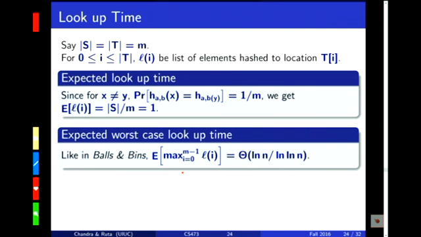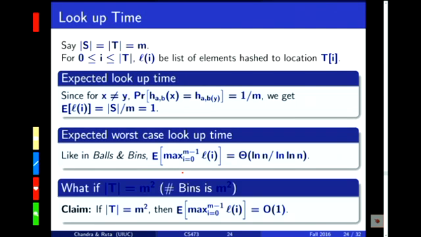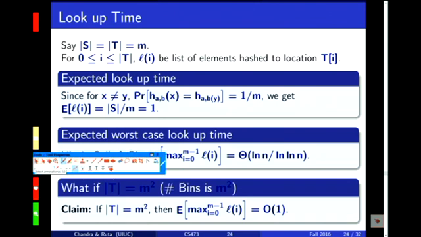But all of these are under the assumption that the size of the table is almost the same as the size of the set. What if, is it visible? Oh, it's not visible at all, sorry. What if the size of the table is the square of the size of the set?